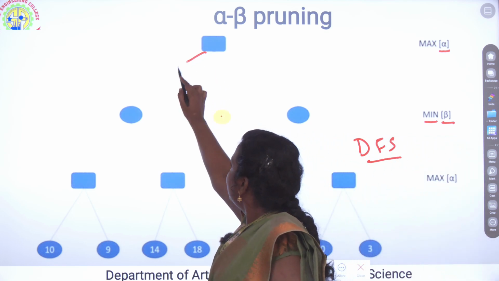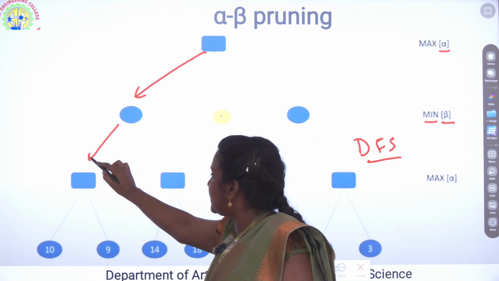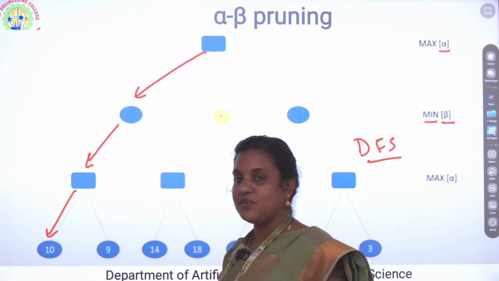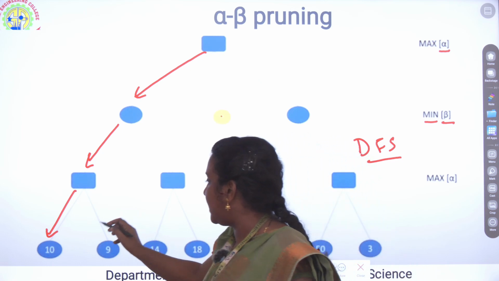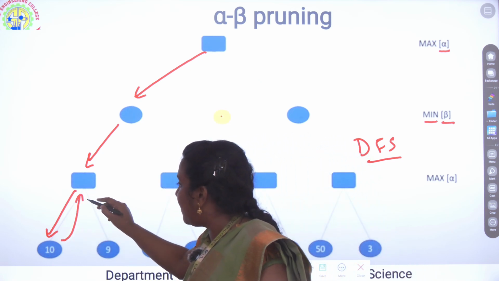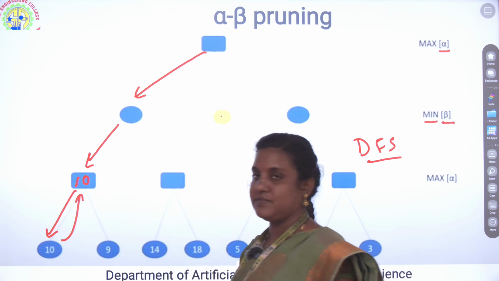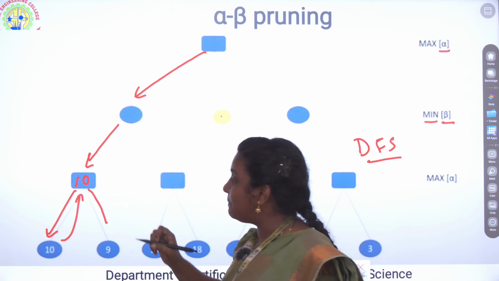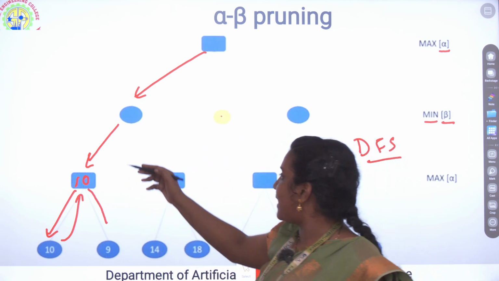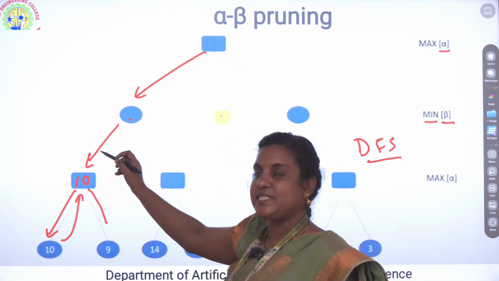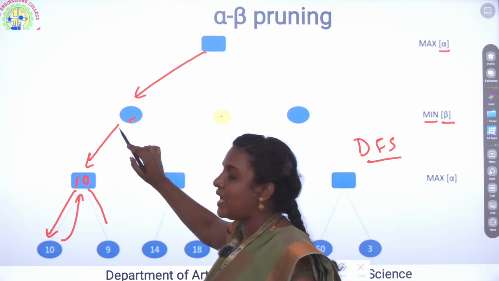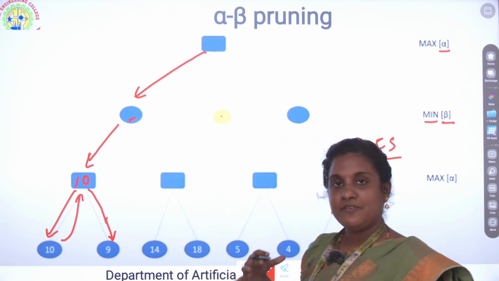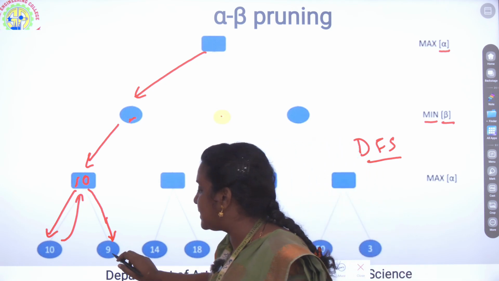First it will traverse the left subtree till it reaches a leaf node. Here the leaf node is assigned the value 10. So this value is backed up to its parent node, 10. Before traversing further it compares with its parent node, but the parent node doesn't have any value, so it traverses to the right subtree till it reaches a leaf node.